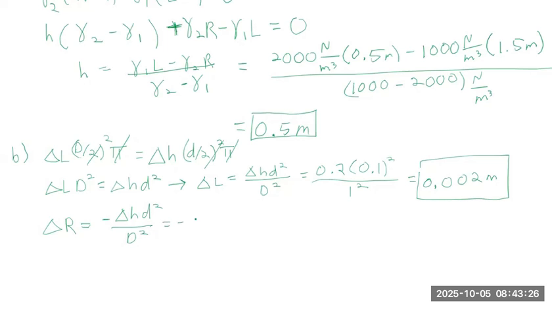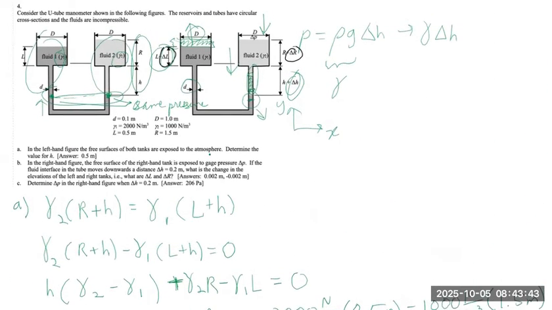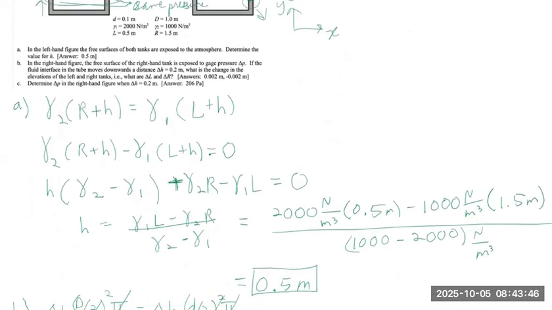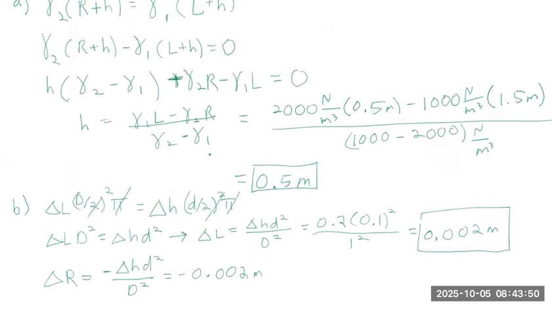This is equal to negative 0.002 meters, because delta R times D squared must be equal to negative delta H times D squared over D squared.